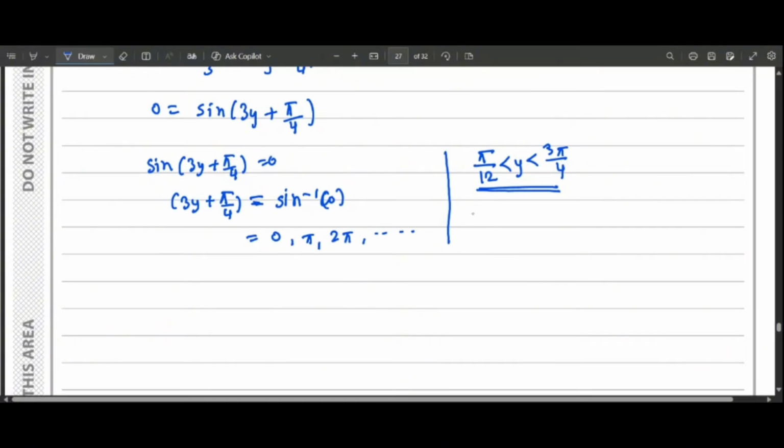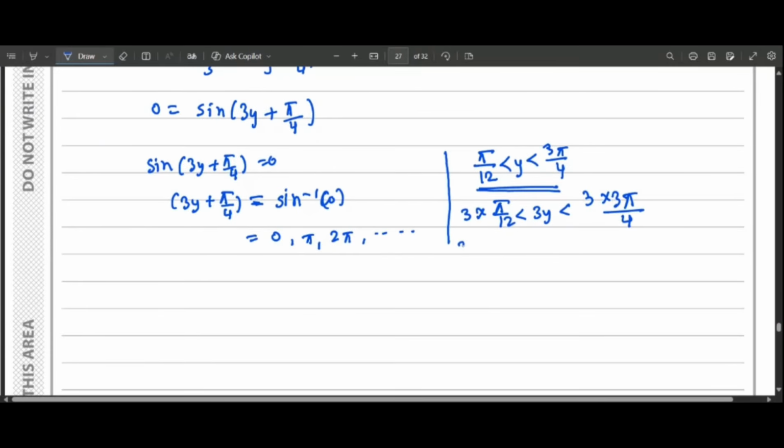We have to calculate the range for 3y plus pi by 4. To calculate the range for 3y plus pi by 4, we first will multiply each part of this range with 3. So 3 into pi by 12 is less than 3y, which is less than 3 into 3 pi by 4. Now we will add pi by 4 to every part of our range.